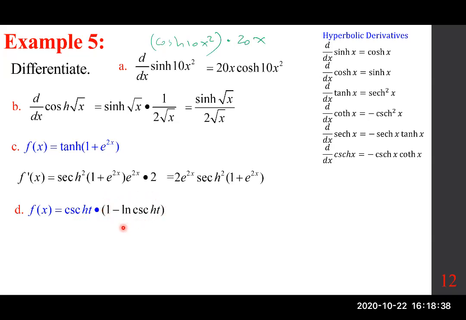Now, for the second piece, you want to take the derivative, minus. Now, natural log. The moment you see natural log, you flip this over. So 1 over this piece times the derivative of hyperbolic cosecant, which is negative hyperbolic cosecant times cotangent. And then by the product rule times the first piece.